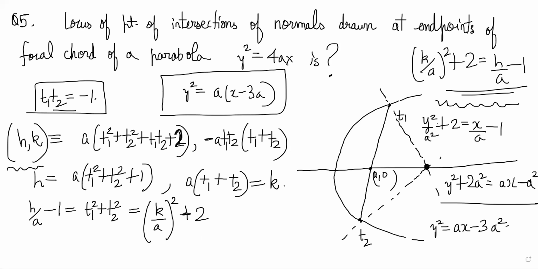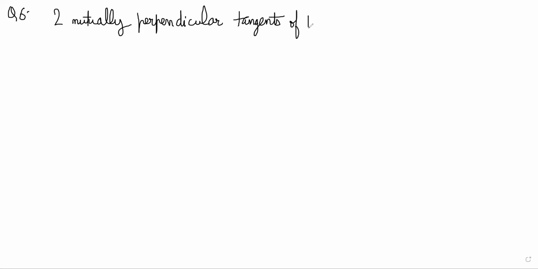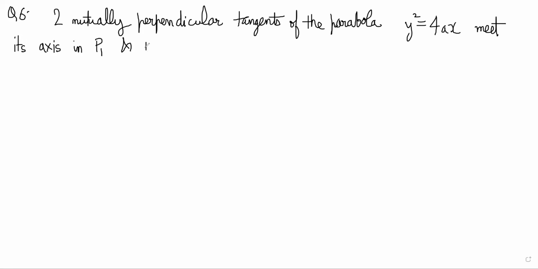Okay, then try these two questions. Question 6 is this. Two mutually perpendicular tangents of the parabola y square is equal to 4ax meet its axis in P1 and P2.